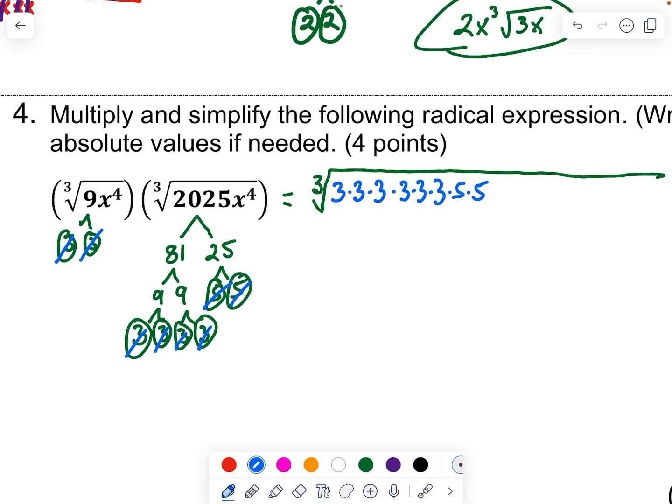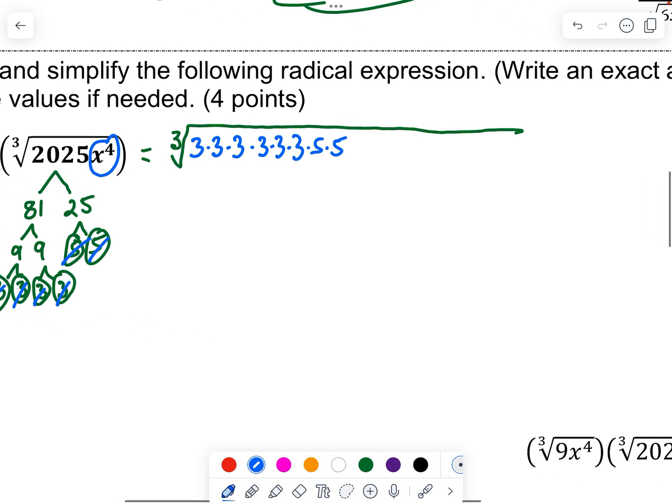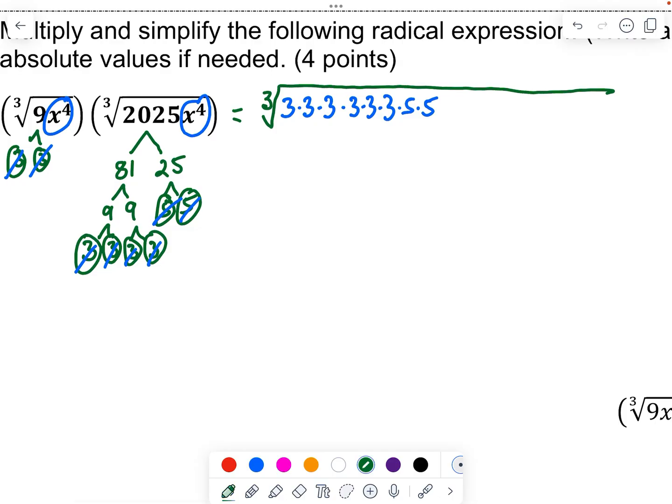And then I have 4 x's multiplied together here. And I got another 4 x's multiplied together right here, which gives me a total of 8 x's. So I got 1, 2, 3, 4, 5, 6, 7, 8.